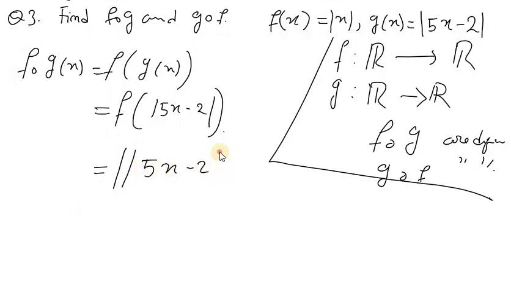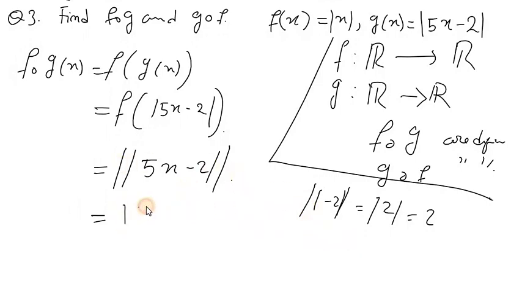absolute value of 5x minus 2. Okay, so what will this be? Taking the absolute value twice is the same thing. The absolute value of -2 is 2, and if I take it again, the absolute value of 2 is again 2. So taking it twice is the same as taking it once.